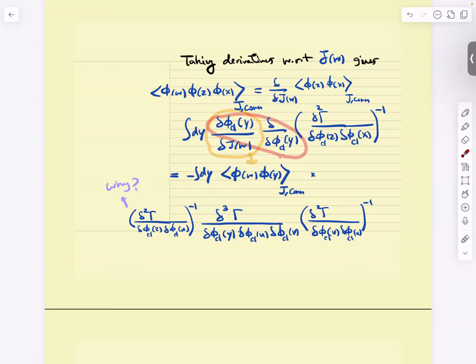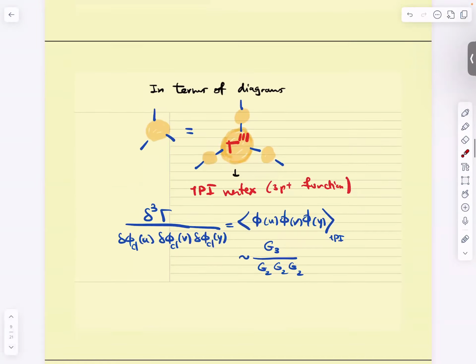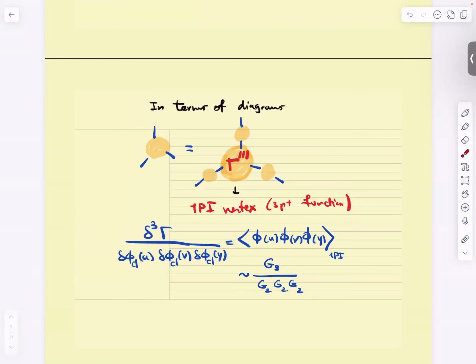Now, what is this guy? What is the interpretation of something like this? This is a 1PI 3-point function. Because if it had something that was not 1PI, it would have been in here, or here, or here.